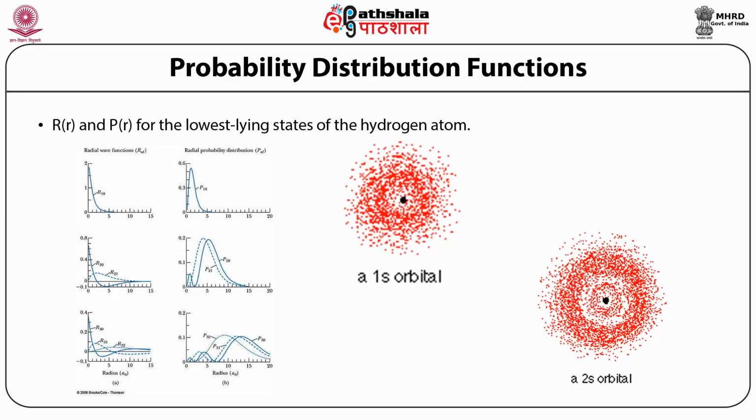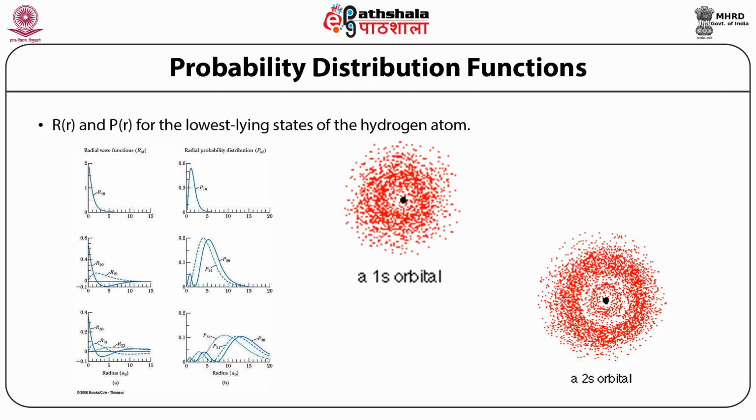Probability distribution function. So the atomic orbital is basically a mathematical function that describes the wave-like behavior of an electron in an atom and can be used to calculate the probability of finding the electron of an atom in any specific region around the atom's nucleus.